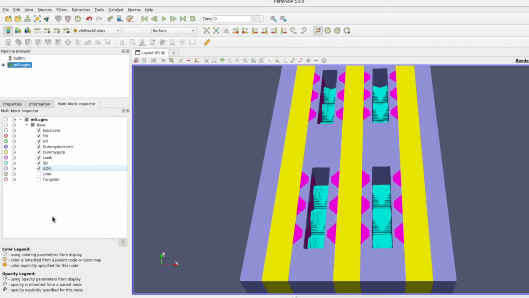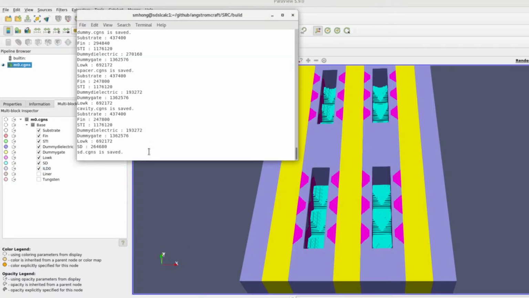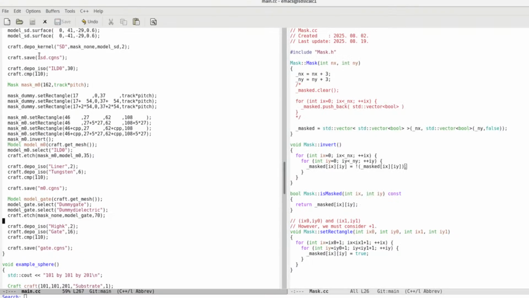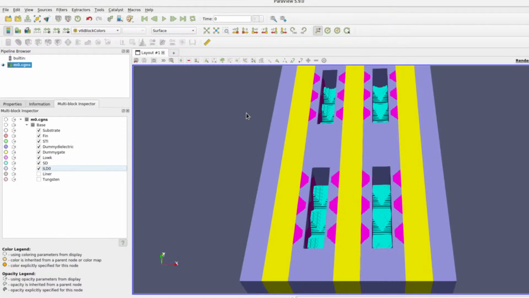Okay, so that was the part for generating the M0 part, and let's have a look at this part. Now source drain.cgns is saved. After that, now we are doing M0.cgns, the one we are currently looking at.